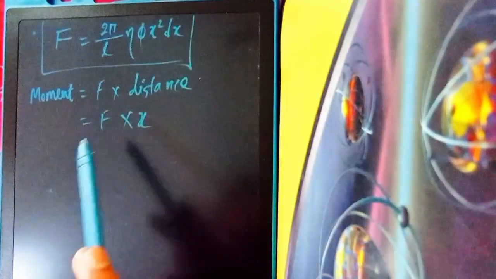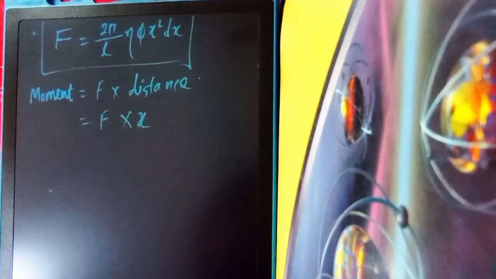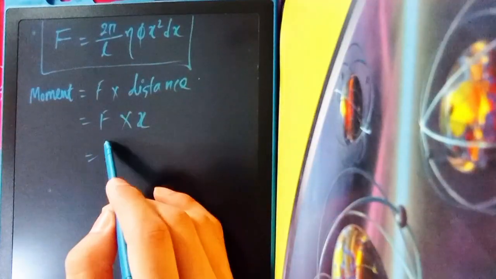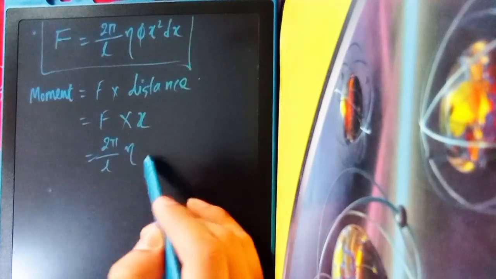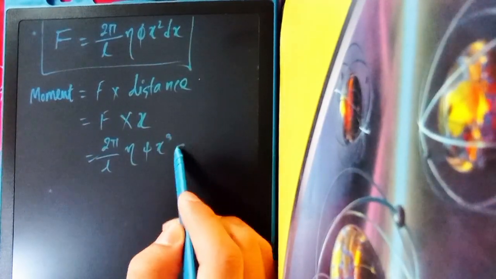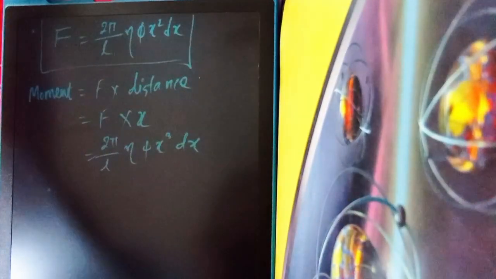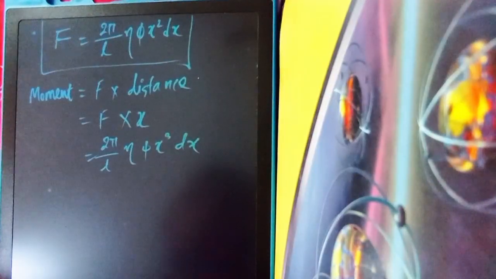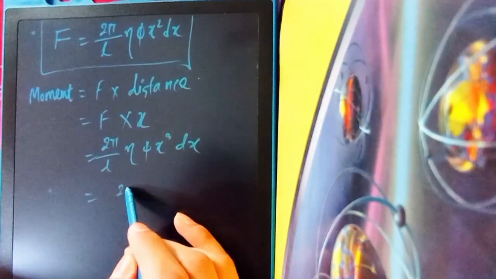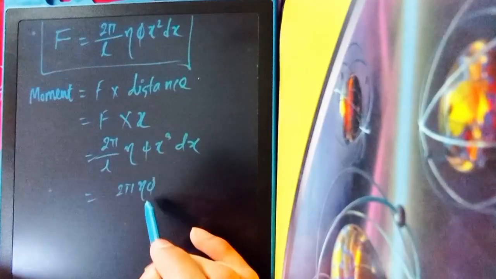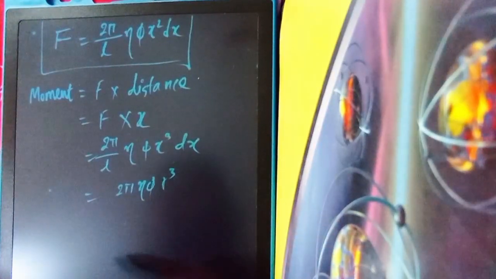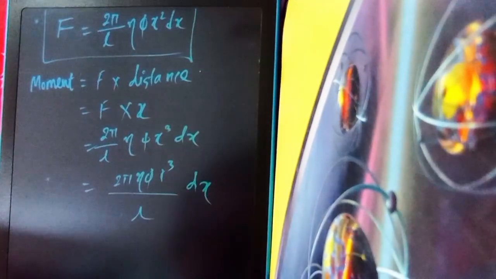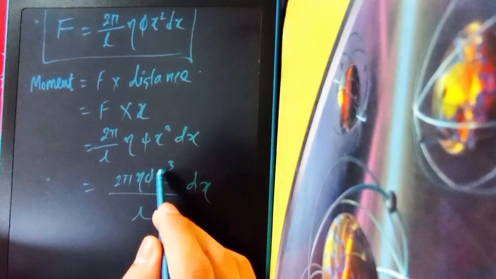So we write force into x. We already know the force is 2 pi eta phi by L x square dx. Now when x gets multiplied by x square, it becomes x cube. So moment is equal to 2 pi eta phi by L x cube dx.